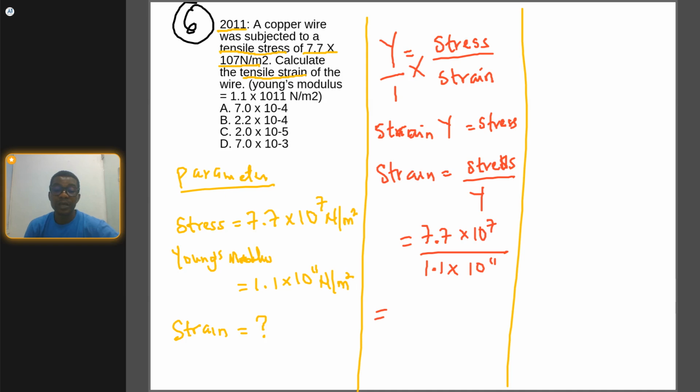So solving this, you're going to have 7.7 divided by 1.1 times 10 raised to power 7 divided by 10 raised to power 11. 7.7 divided by 1.1, that will give us 7.